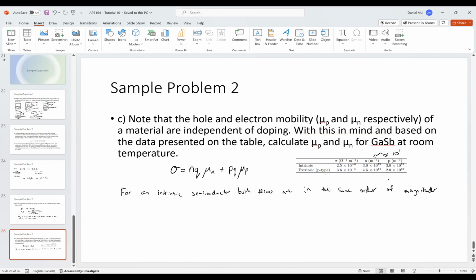Both are 10 to the 13. And for an extrinsic semiconductor, one term is much larger than the other.